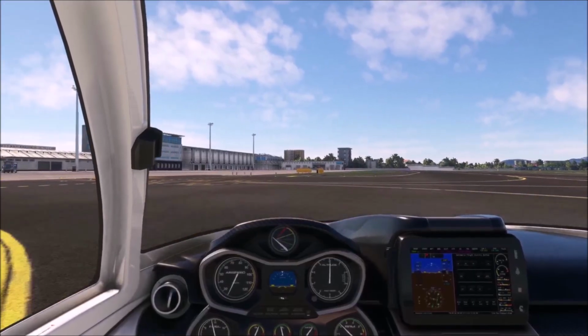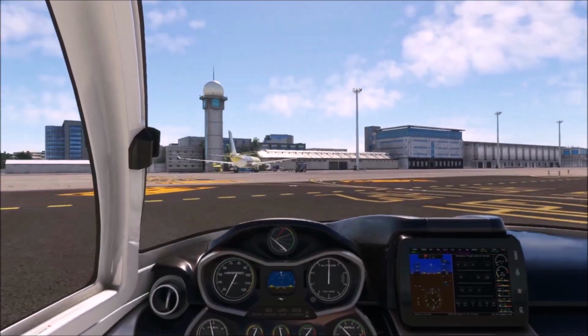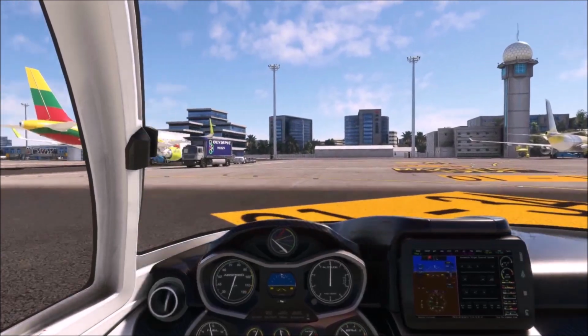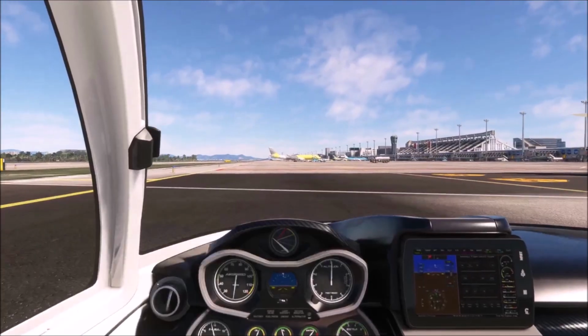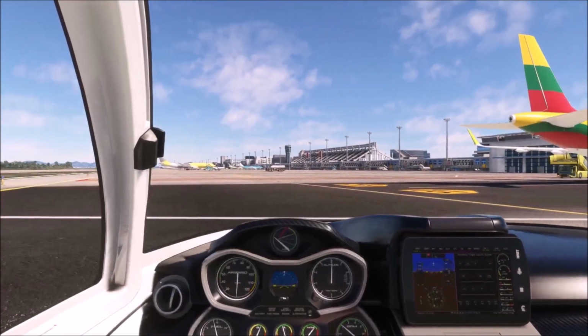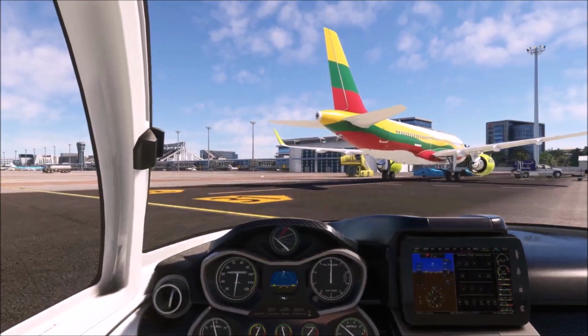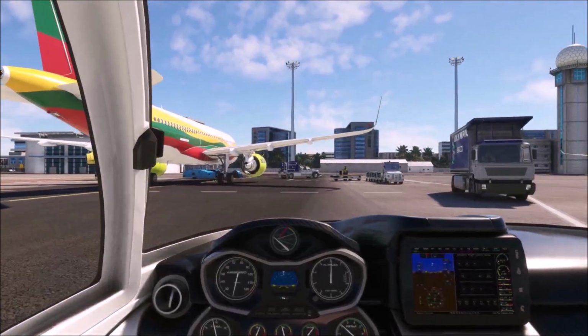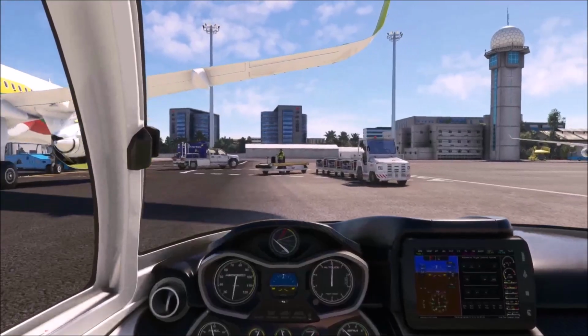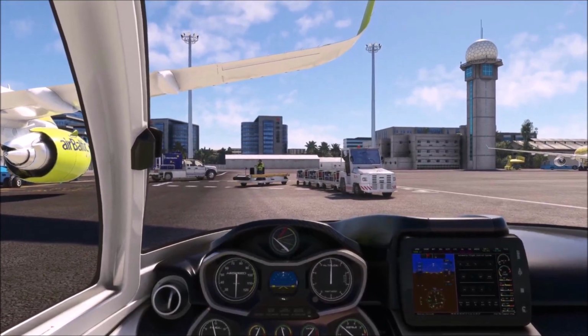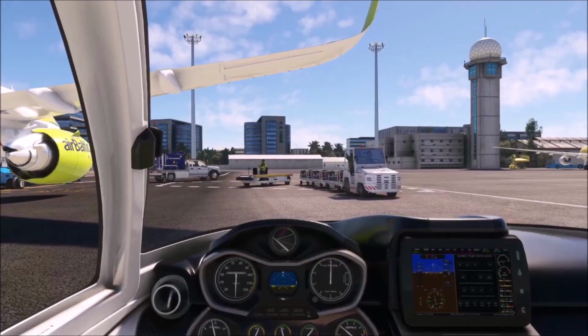Okay, I don't need much precision here. Wonderful textures, by the way. Here is my Lithuanian Airbus. Here she is. Excellent. Let me set my parking brakes.